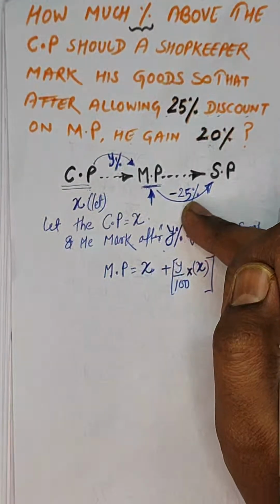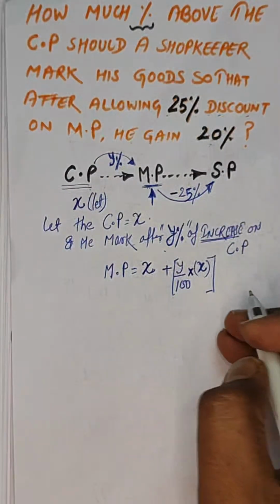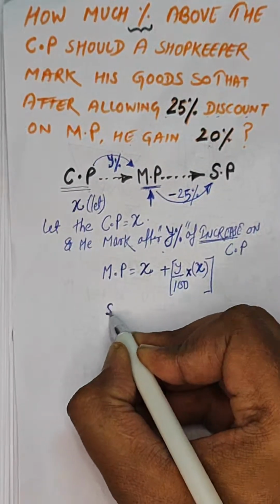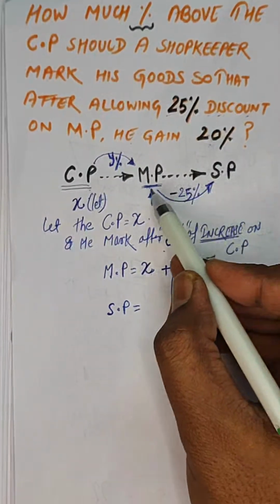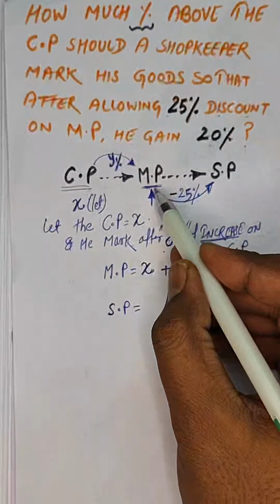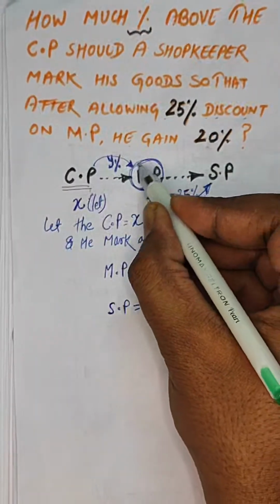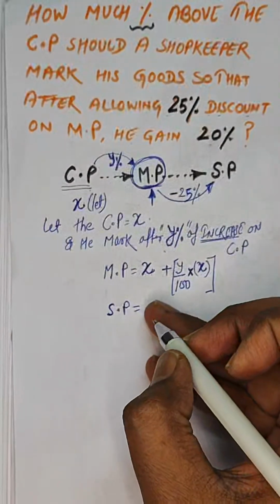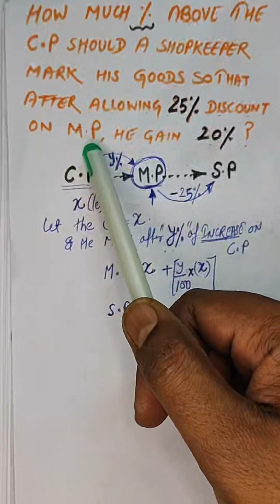Okay, he's not doing very good things, but anyway, I want to explain how the process is happening. So the sale price will become how much? Because his sale price will be calculated on the mark price, not on the CP, because this is the practice of the shopkeeper which is not reflected to you. Now the selling price will be how much? He's giving 25% discount on the mark price.